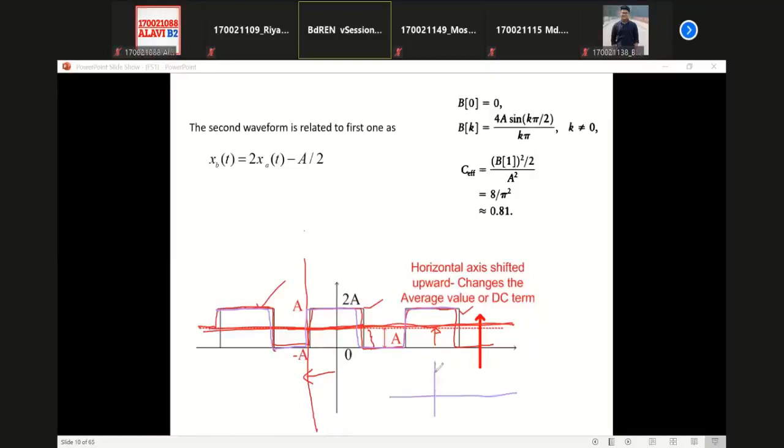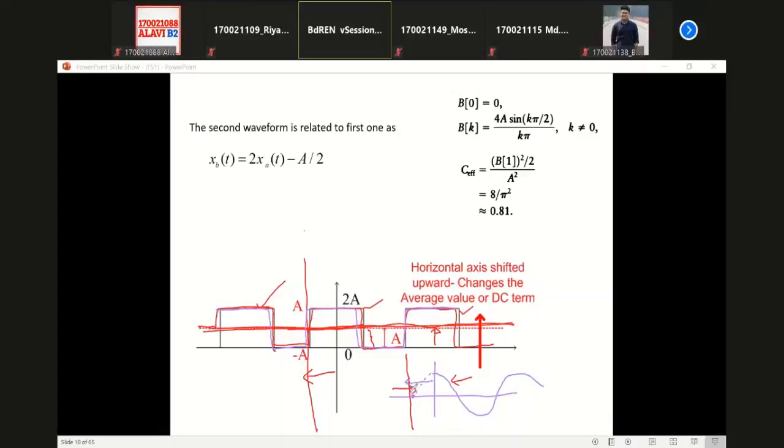If we have a cosinusoidal wave, something like this, and say this axis cuts the zero axis at this point, if we shift this vertical axis to this location, then your cosine curve becomes a sine curve, isn't it? That means a 90-degree phase shift occurred.